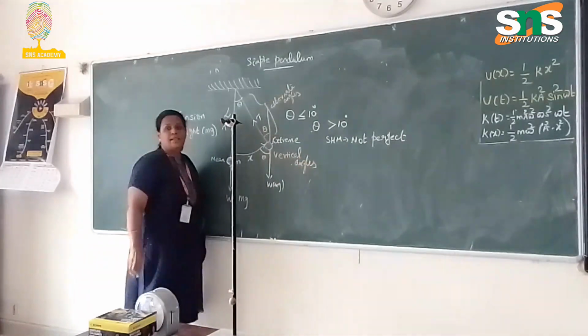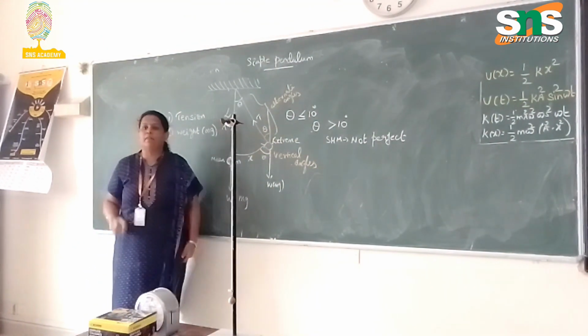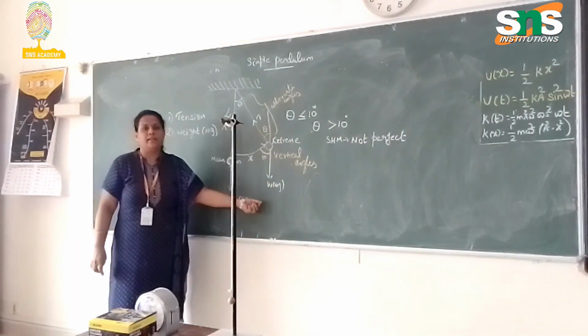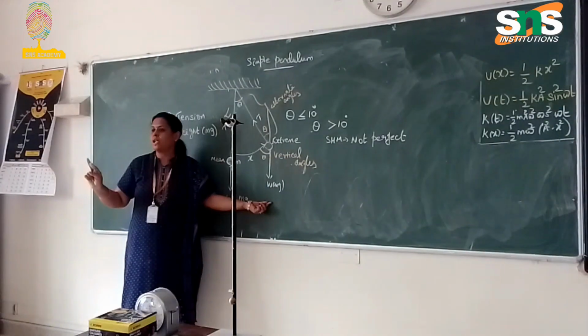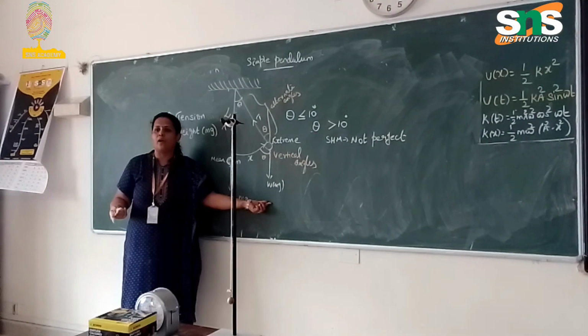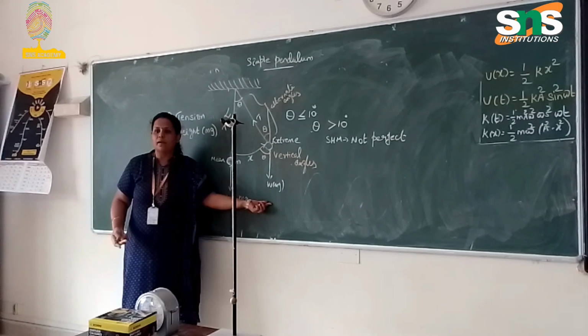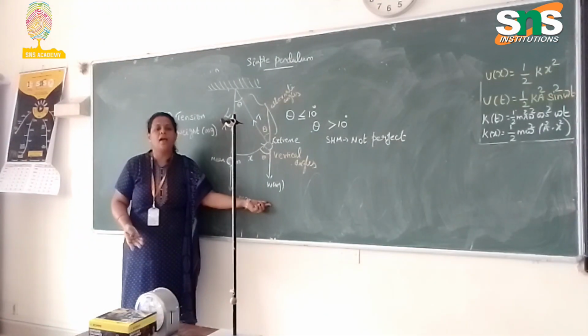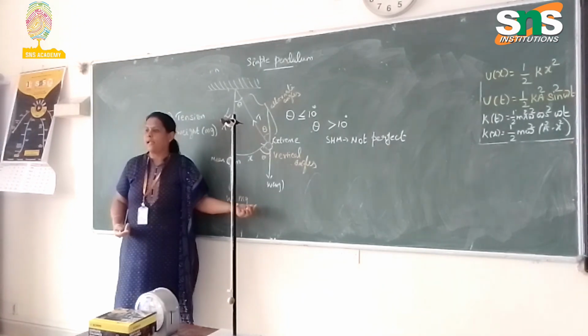Like this, we solved one derivation in our previous chapter. We resolved this component into two components, one horizontal component and the other vertical component, the horizontal component named as cos theta and the vertical component as sin theta.